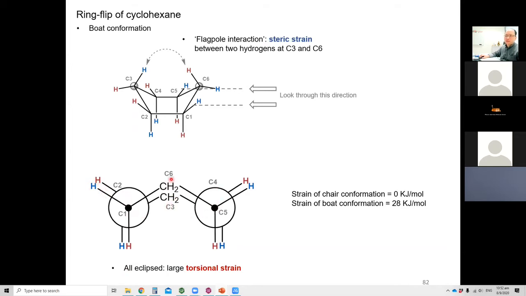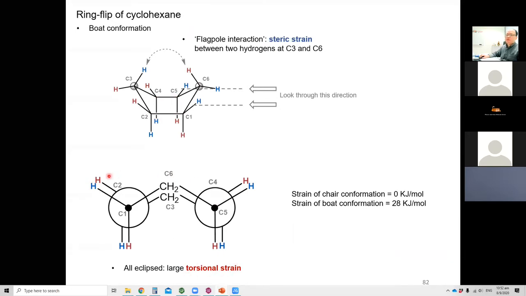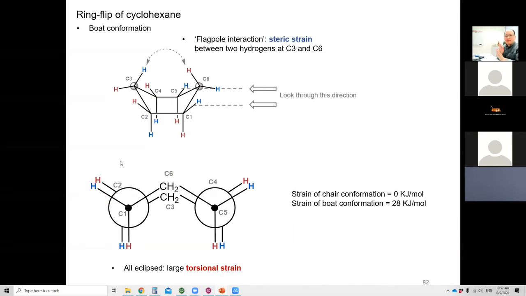Not C3, C6, because C3, C6 is far away, but C1, C2, they are bonded. C4, C5 also bonded. So that creates torsional strain between these CH bonds because the bonds are eclipsing. Okay, and so you have a steric strain from the flagpole interaction. You have a torsional strain between these eclipsing CH bonds.